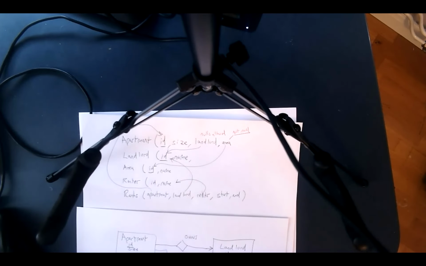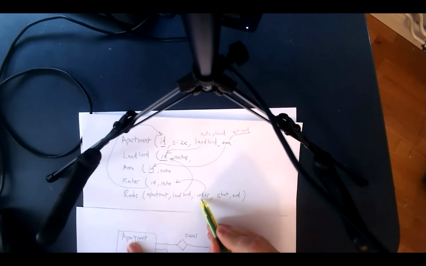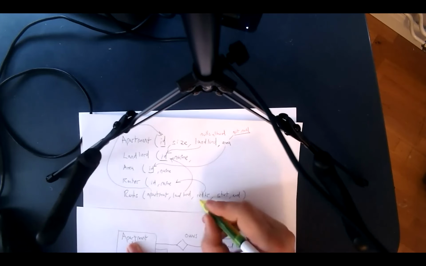Now, if I have a renter and an apartment, that determines the landlord. So renter and apartment determines the landlord. But now we have the start and end, which complicates things. Anyway.